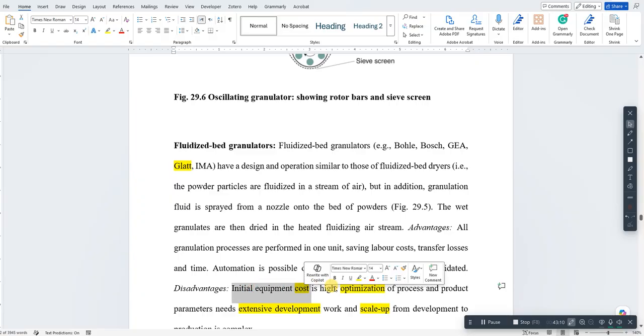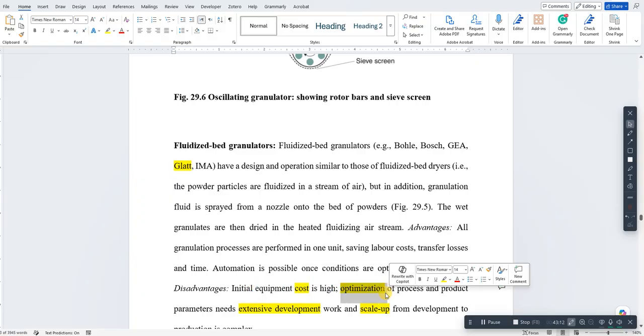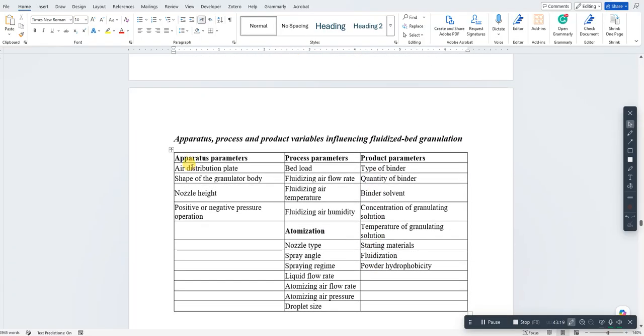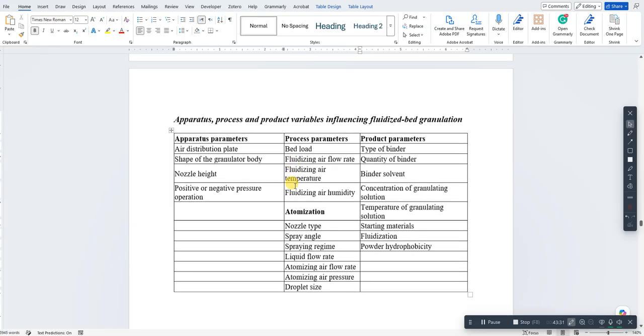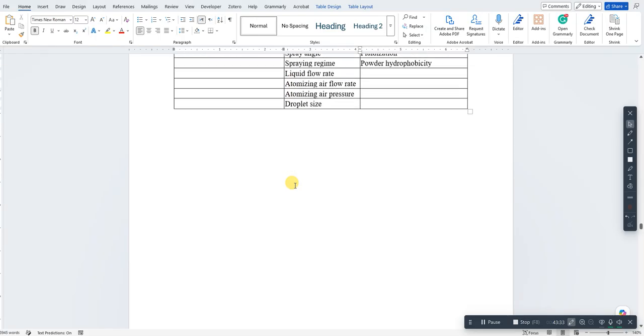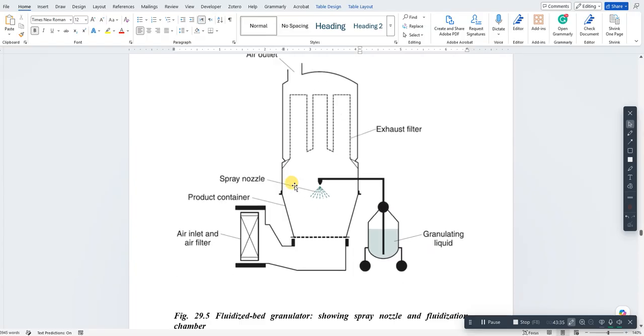Initial cost is high. If you change the formulation, you need to do optimization again. And in this table, you will see that optimization is needed for the apparatus, for the process, for the atomization itself, and for the product parameters that you need to apply.